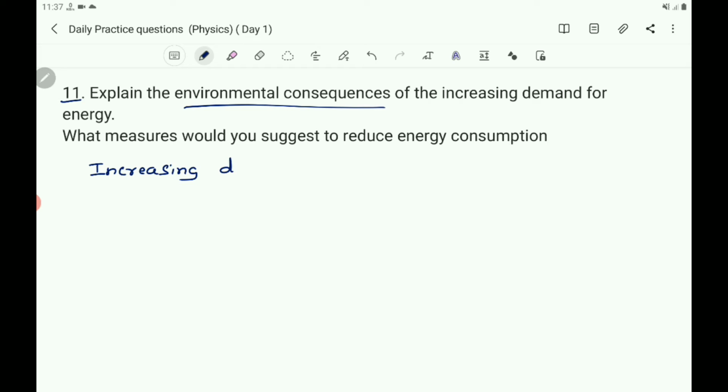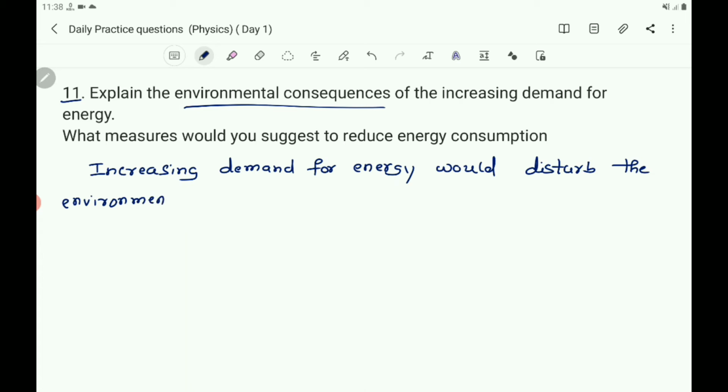Increasing demand for energy would disturb the environment in some way or the other.